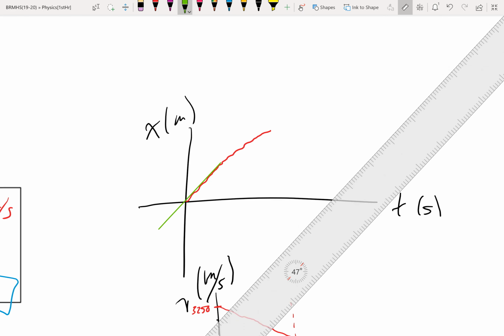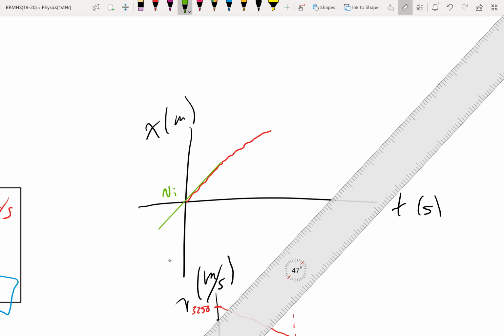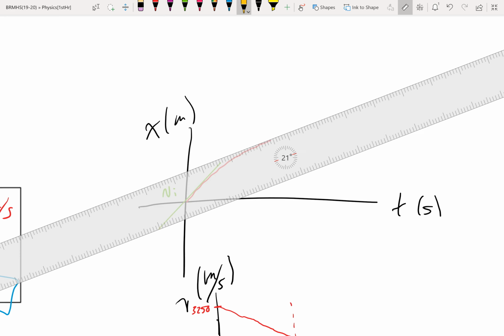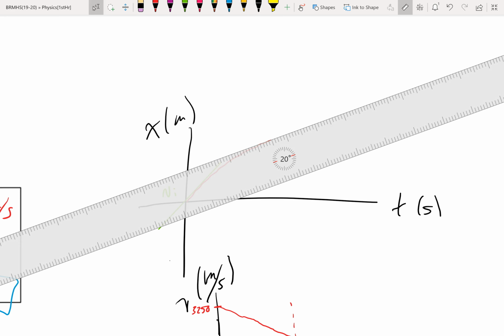So my initial velocity is represented by that slope, the slope of that green line right there. Let me just redraw this red line. It's so bad. Okay, that'll do. And then the final velocity would be the slope right around here at this point.